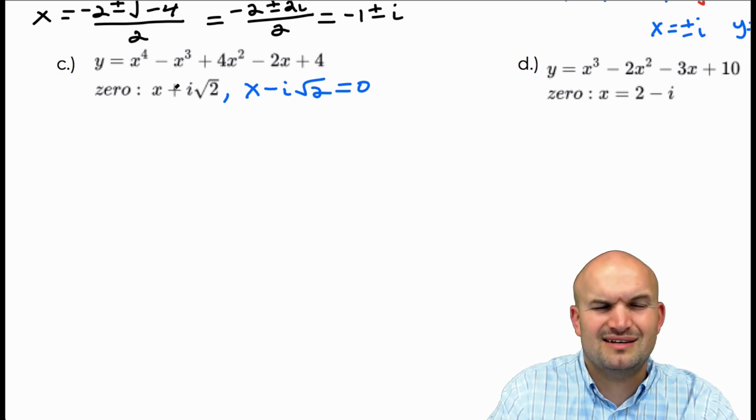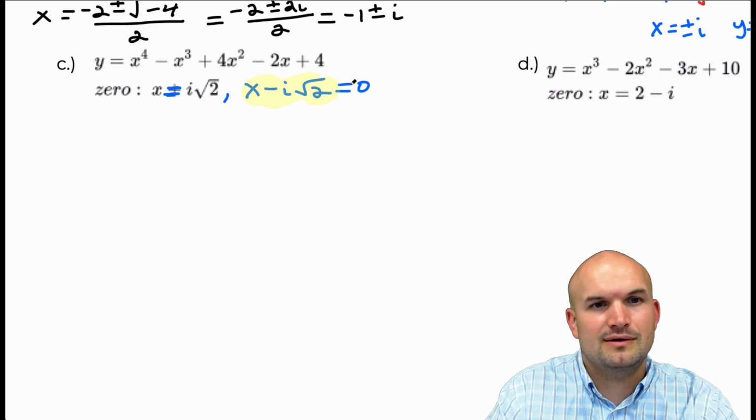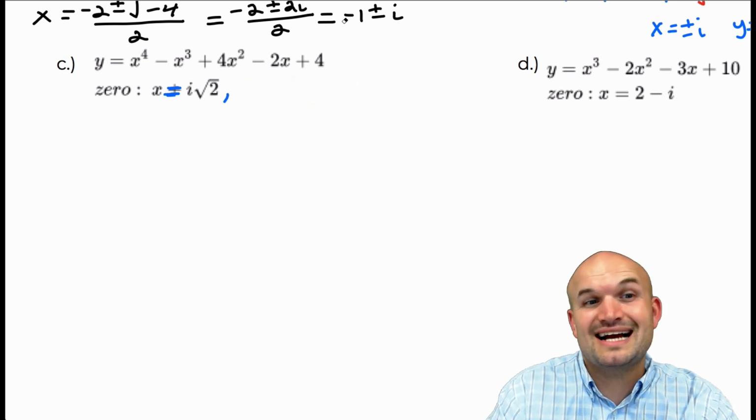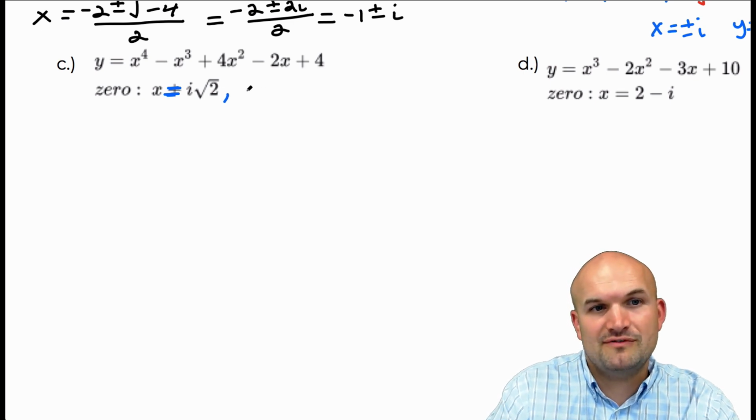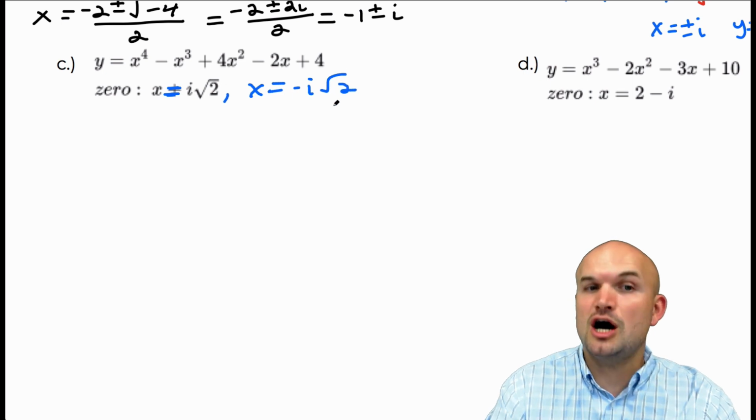It's not x minus i is a zero, it's x equals i square root of 2 is a zero. So therefore, that means x equals negative i square root of 2 is also a zero.